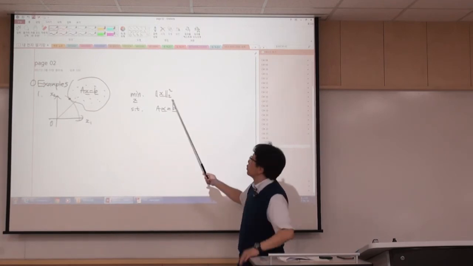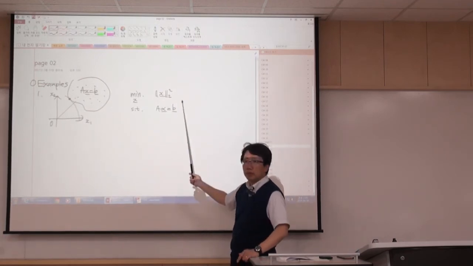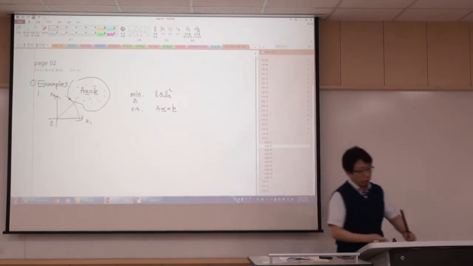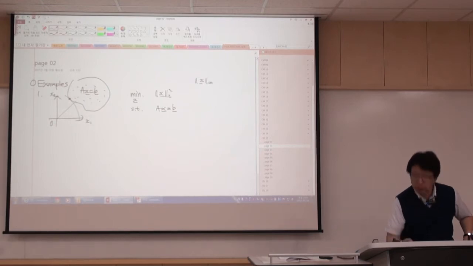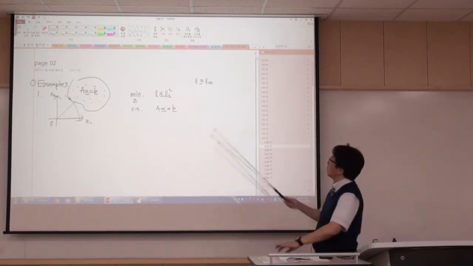If you change this norm, probably you've learned some different definitions of vector norms. For example, what is the infinity norm?